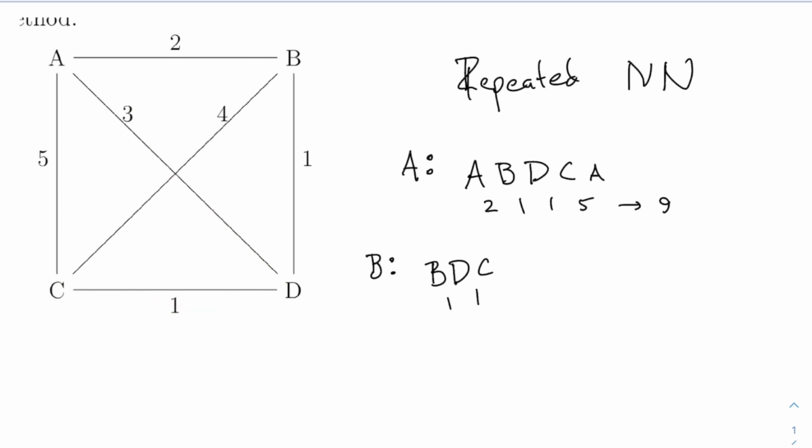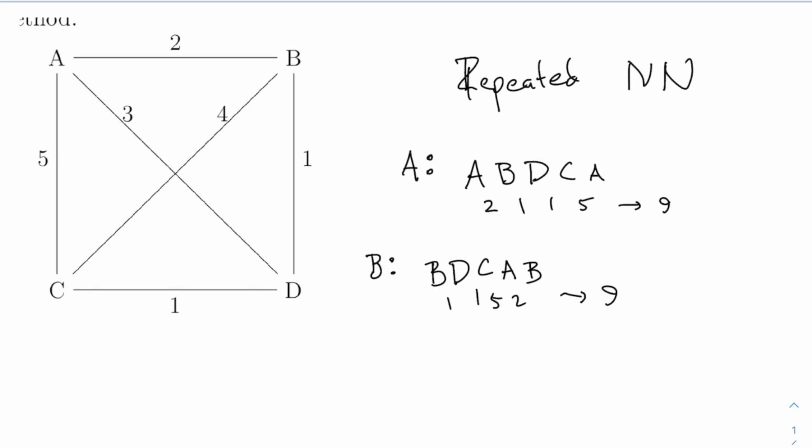And then I must finish from there. I started here, I went down and then left. I have to go up and then right to make a Hamilton circuit. So that would be to A and then to B. That's a 5 and a 2. Actually, this is the same circuit, just starting at B rather than starting at A. It's still going around the outer square. All right, that was B.